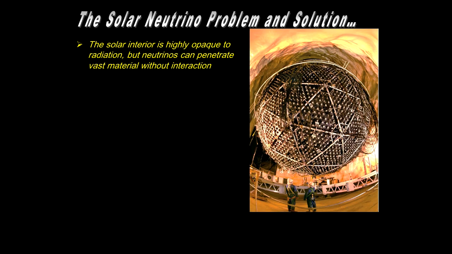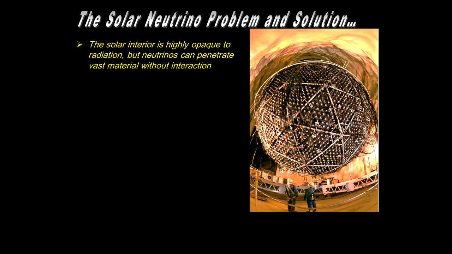I've mentioned how neutrinos can give us a view into the inner workings of the sun. Now, neutrinos are really amazingly elusive little particles. The solar interior is really opaque, but these neutrinos that are produced inside, if indeed hydrogen fusion is the name of the game, can penetrate large amounts of material, light years of material, without interaction.